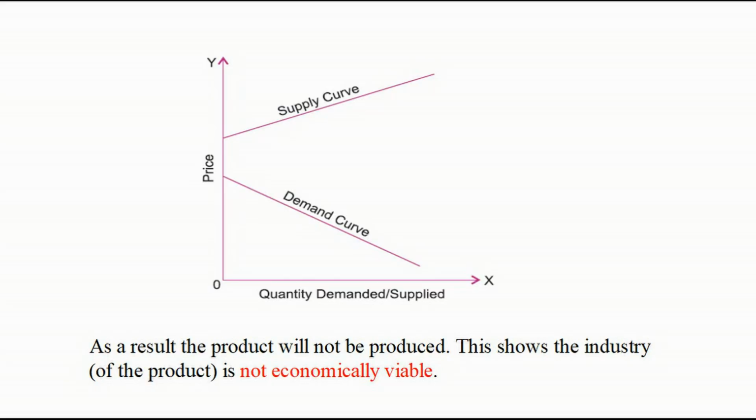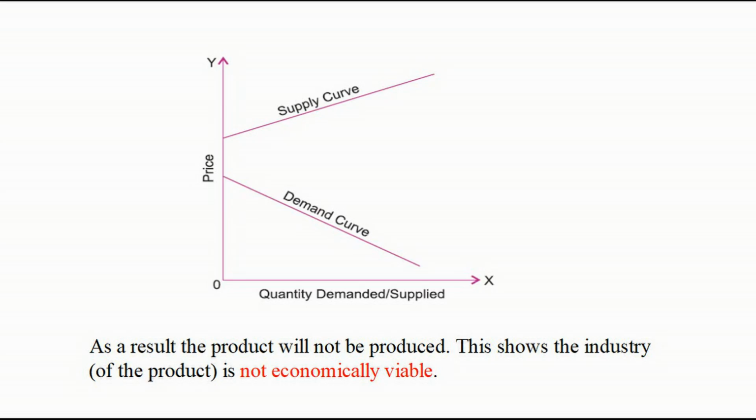This is how it looks graphically. The supply and demand curves do not intersect because, as we said earlier, the price at which producers are ready to produce is very high and consumers are not willing to buy even a single unit of the commodity. That gives us such kind of supply and demand curves.